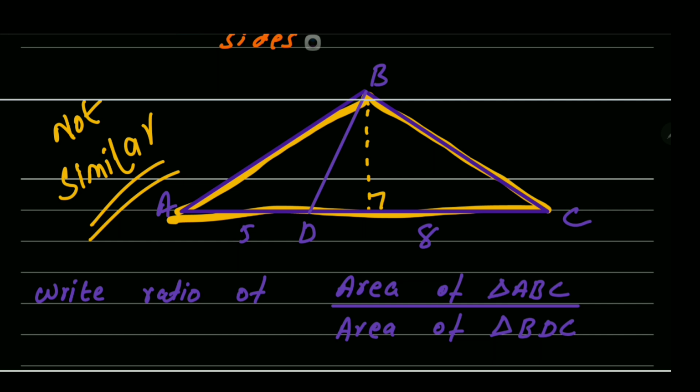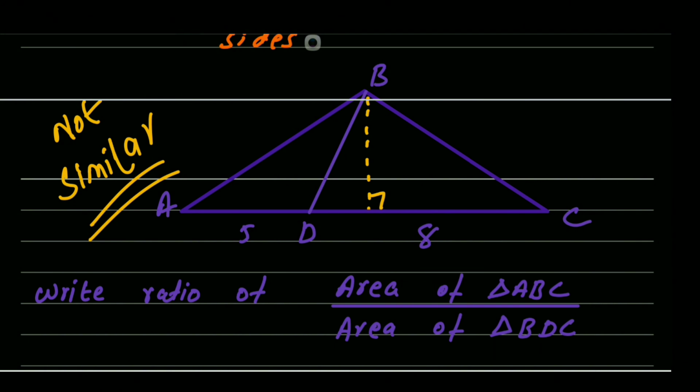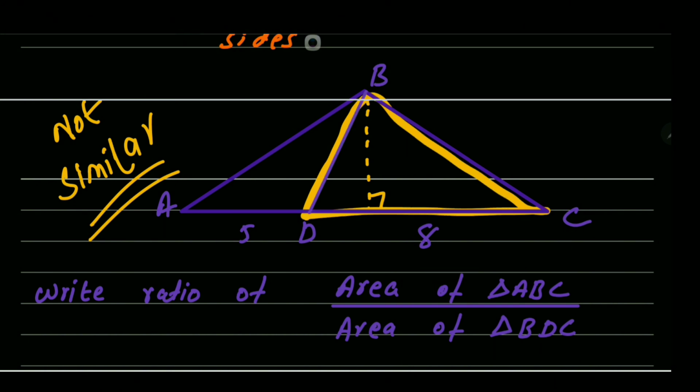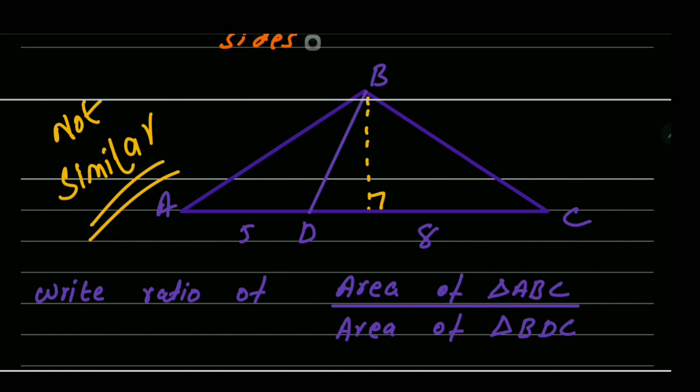We just drew a line from point B to the base DC. What is the height of BDC? This is triangle BDC, so its height is also the same. It means that they have the same height.